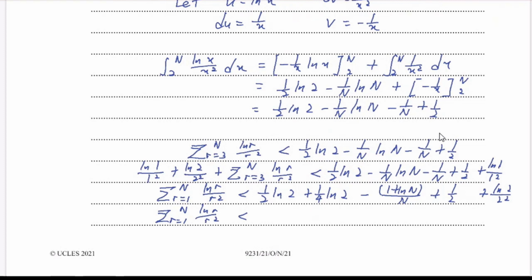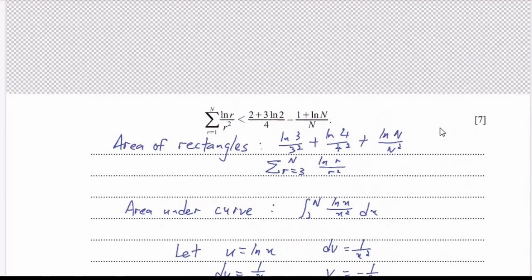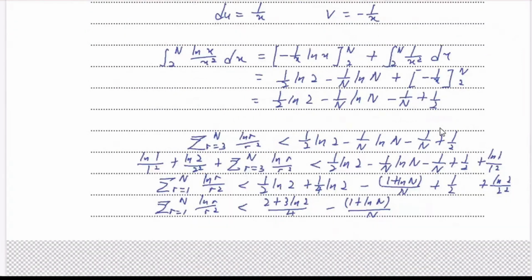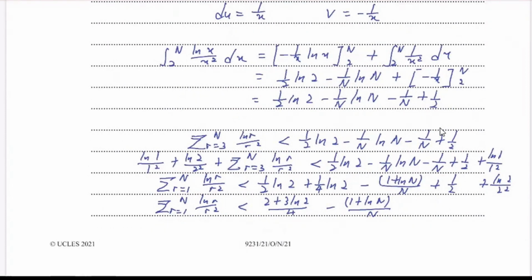So this is 3 over 4 ln 2. So 2 plus 3 ln 2 over 4 minus this whole thing. It's just an n. Let me just check. Okay, so this is the expression at the end.